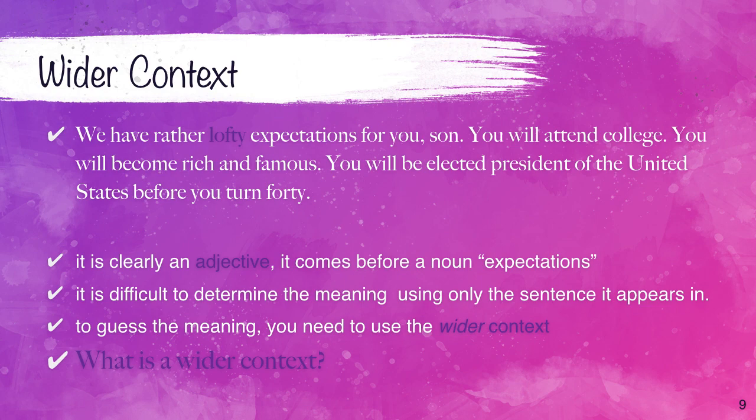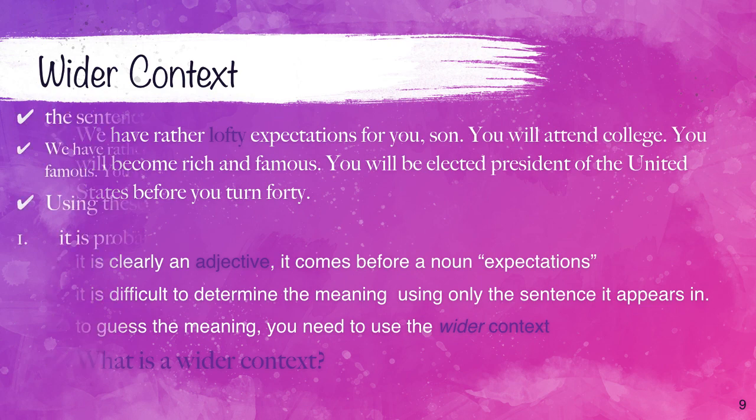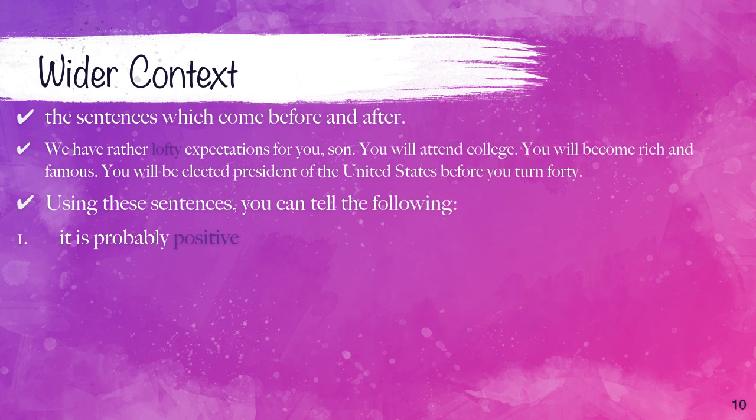But first, what is a wider context? The wider context means the sentences which come before and after the sentence which contains the word you're guessing. Now, let's have a look at the sentences again. We have rather lofty expectations for you, son. You will attend college, you will become rich and famous, you will be elected President of the United States before you turn 40.